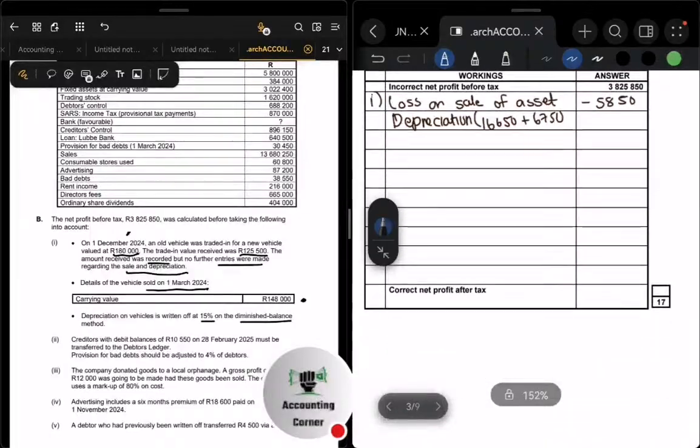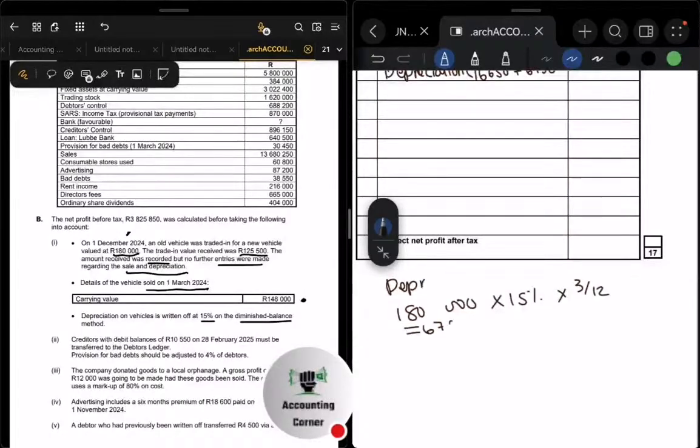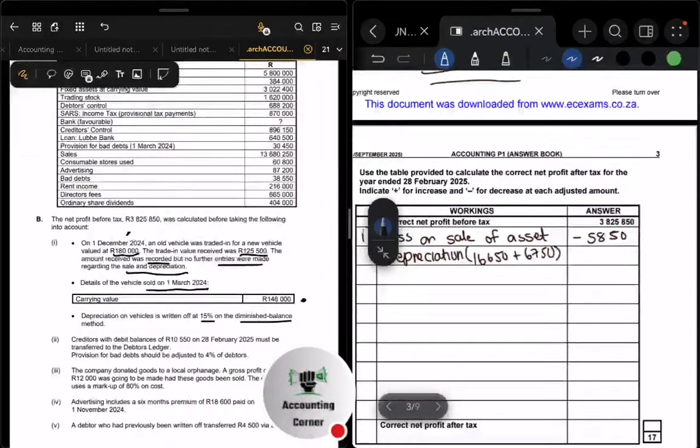Okay, let me just write that down. So for depreciation, we have 180,000, the new vehicle, times 15% times 3 over 12. Gives us 6,750. Okay. So now we add those two together, 16,650 plus 6,750. Depreciation is an expense, so we subtract that, minus 23,400.